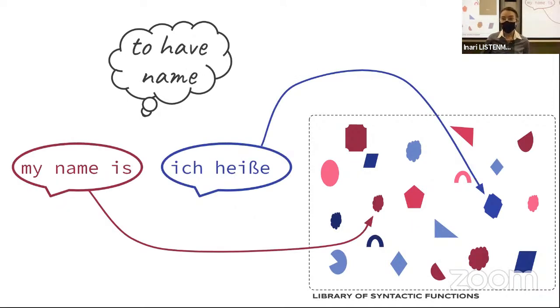Then in other languages, we have different strategies of linearizing this abstract concept. So in English, if we have an abstract concept like to have name, then English would use one building block and German would use another building block.